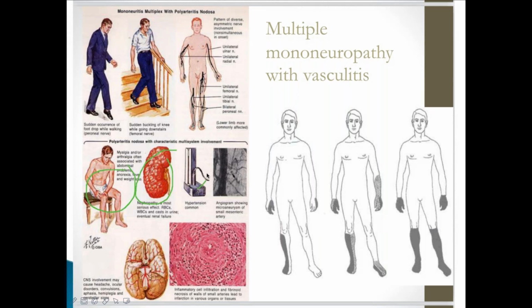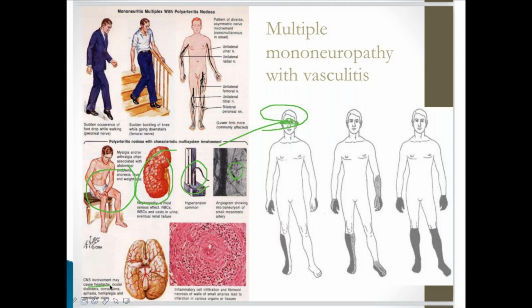Urine examination testing shows evidence of it. Now, before going on to an angiogram or a CT angiography, you look at the fundus, eyes. These will yield a lot of things, right? And then there is an angiogram showing aneurysm of small mesenteric vessels.